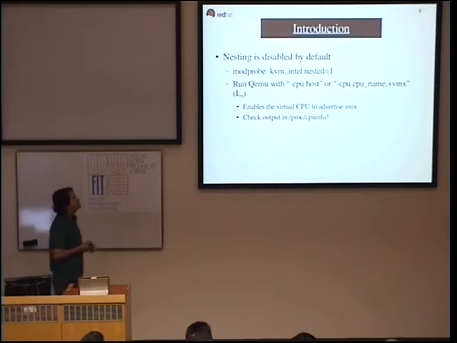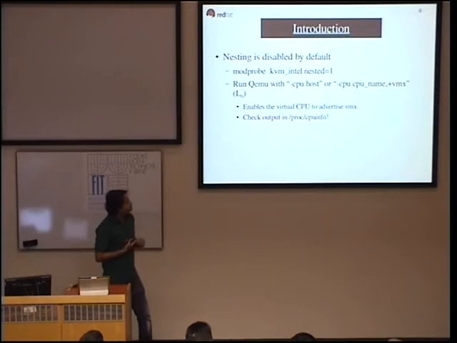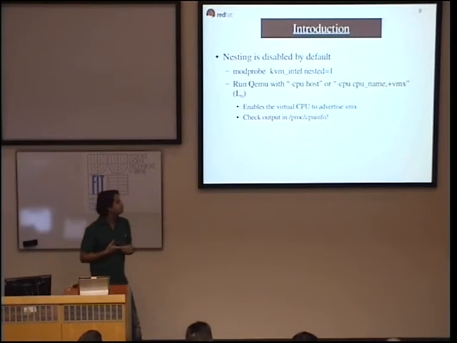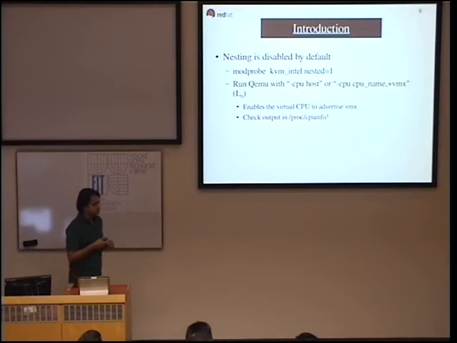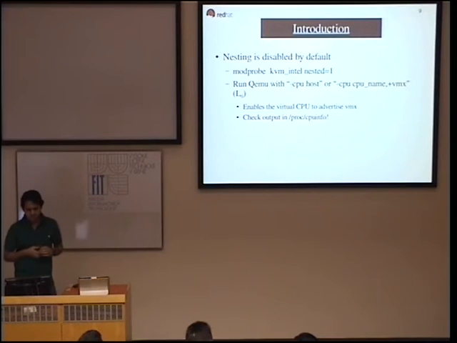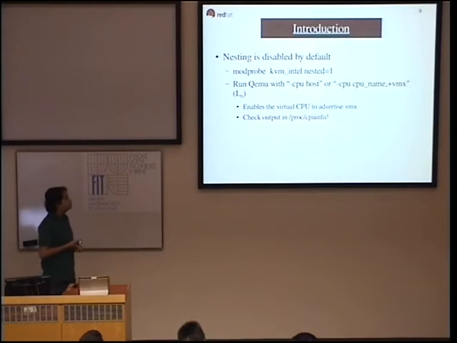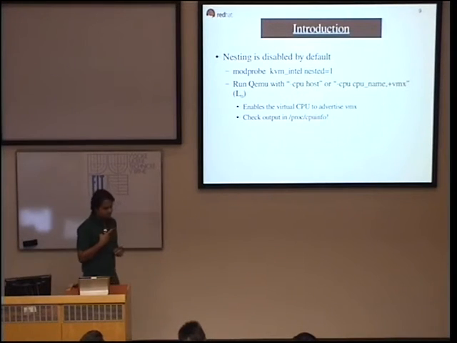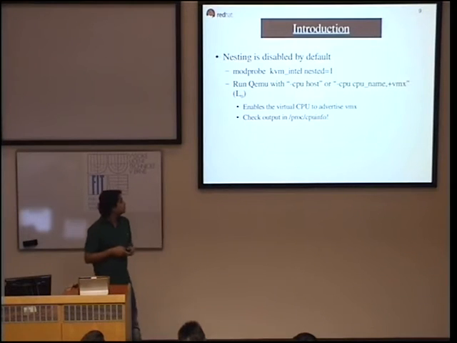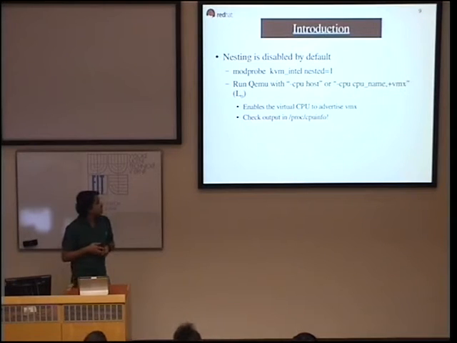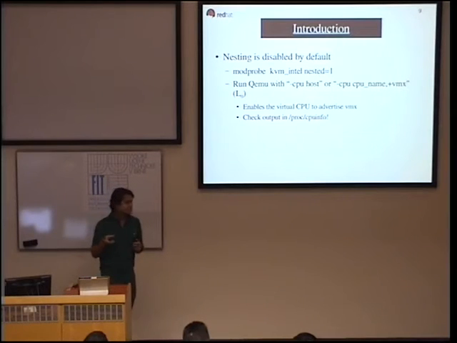On Intel, nested virtualization is disabled by default. The assumption is that it's not stable enough. If you want to enable it, you have to load kvm_intel with nested=1. That's the first step. The next step is that QEMU needs to provide a CPU model that has the VMX flag.